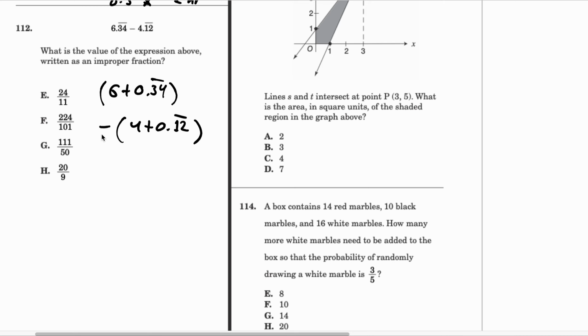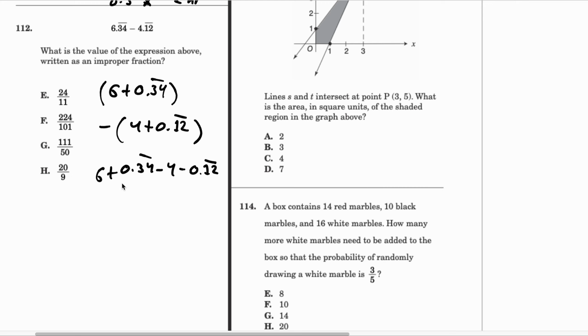So remember that if we have this minus sign here, we have to distribute it to each of 4 and 0.12 repeating. So this becomes 6 plus 0.34 minus 4 minus 0.12 repeating.